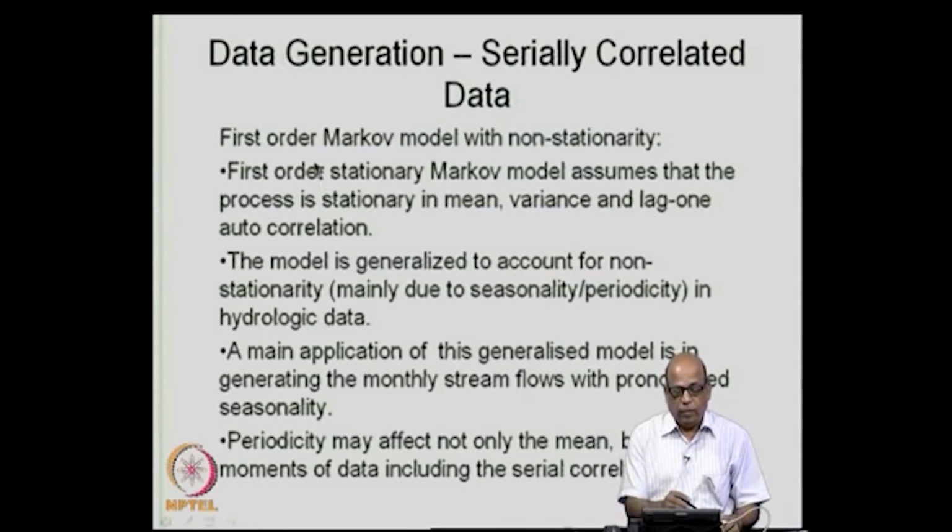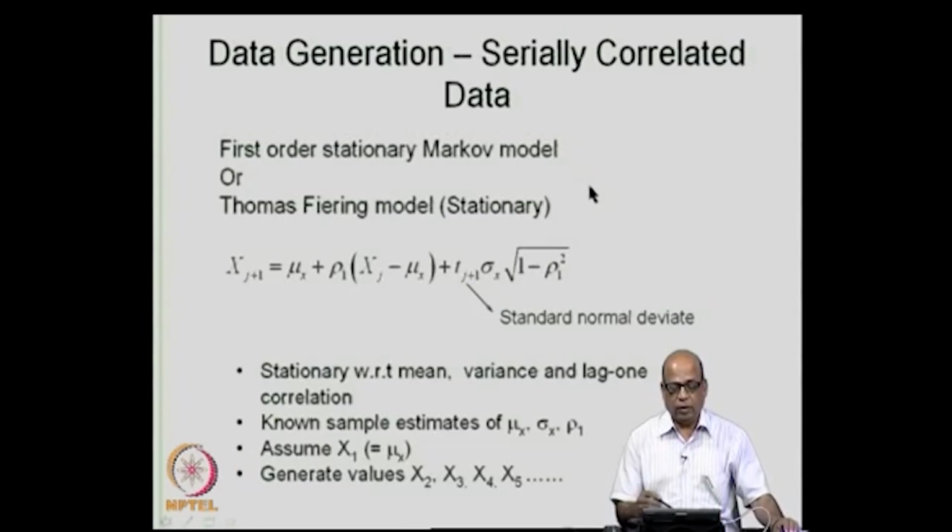So, we will now consider the first order Markov model with non-stationarity. Now, the model that we just considered earlier, which was meant for annual flows, we will start relaxing the requirement that these need to be stationary, and then what we do is we write this model for seasonal flows. The seasons can be either months, in which case we will have 12 periods.